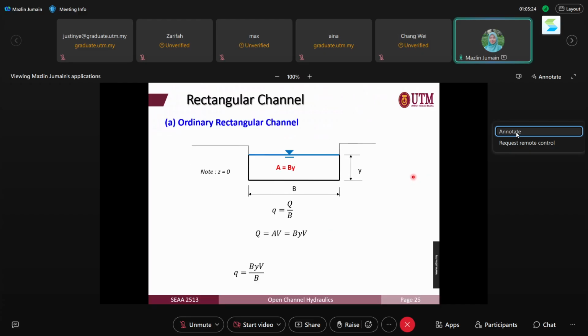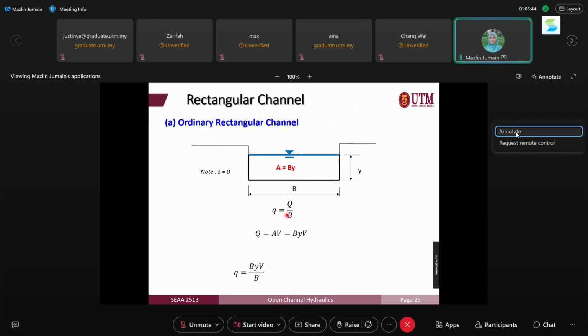And then for rectangular channel, we have two conditions. The first one, we have ordinary rectangular channel. Here we have some example of ordinary rectangular channel. We have Y for flow depth, B for the bottom width.